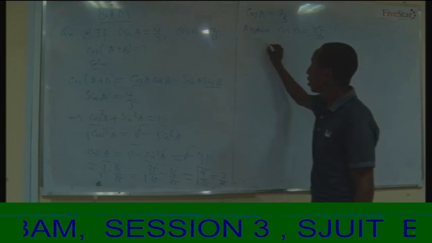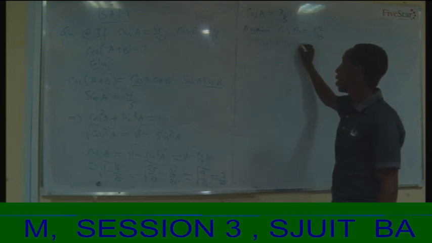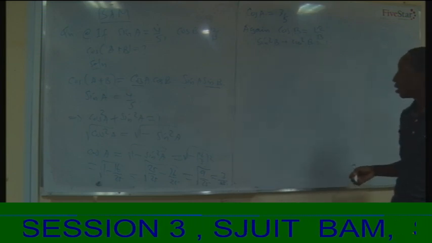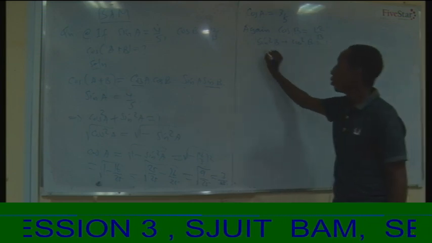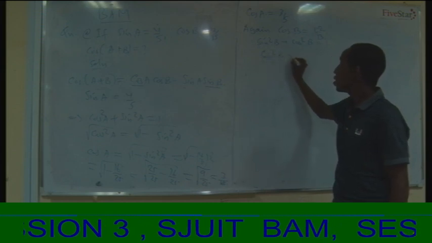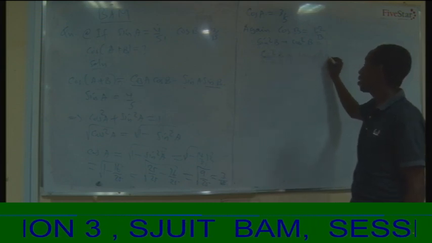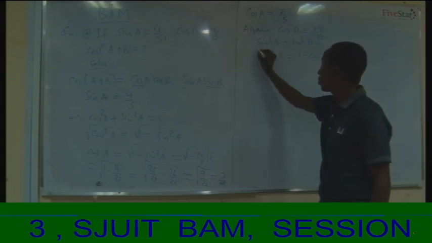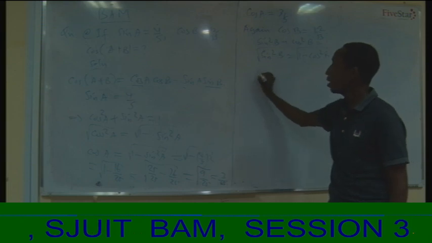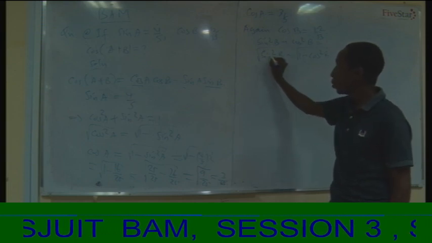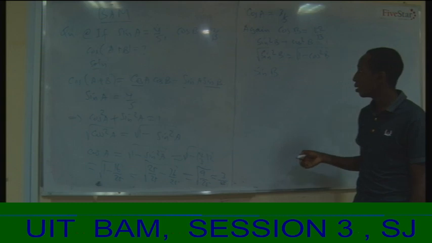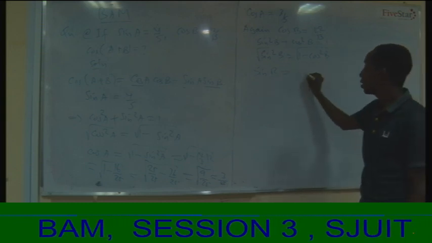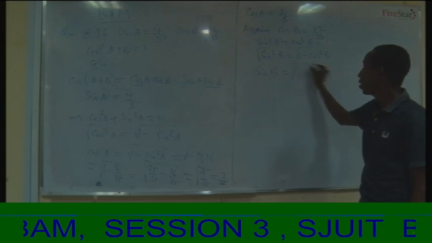So from sine squared B plus cos squared B equals 1, a well-known basic trig identity, we have sine squared B equals 1 minus cos squared B. If we take the square root of both sides, the square root of sine squared B is just sine B. This is equal to the square root of 1 minus cos squared B.